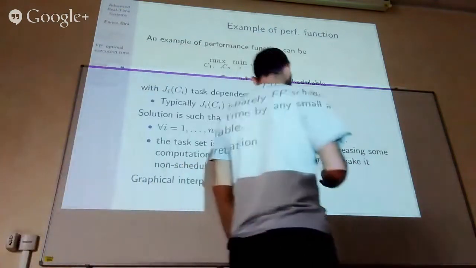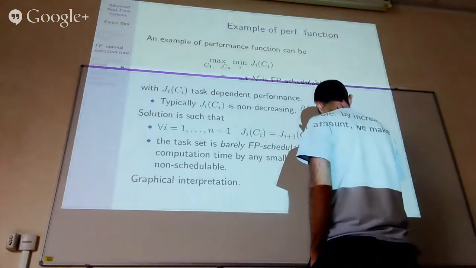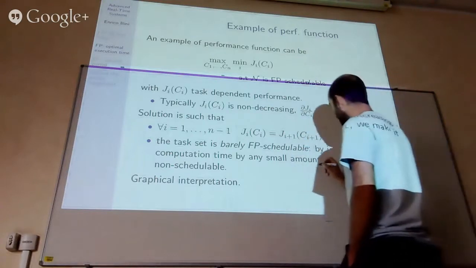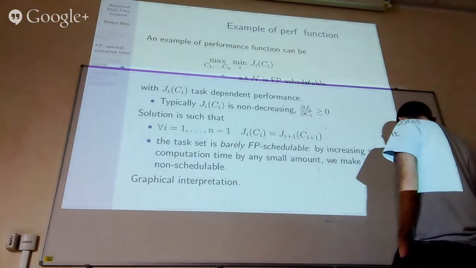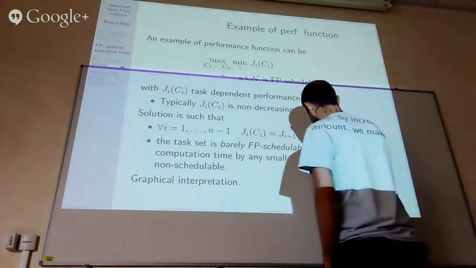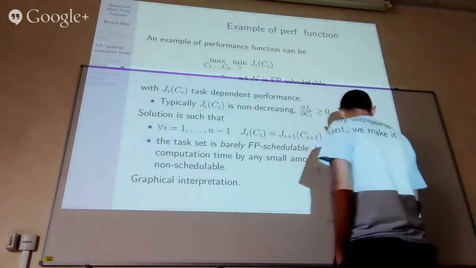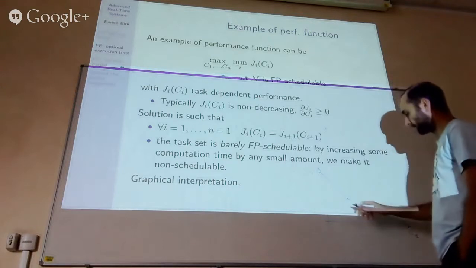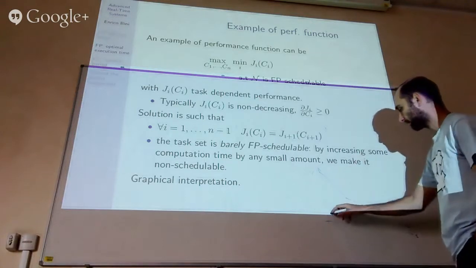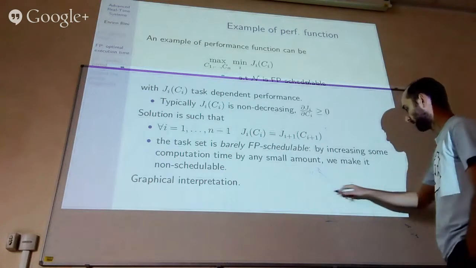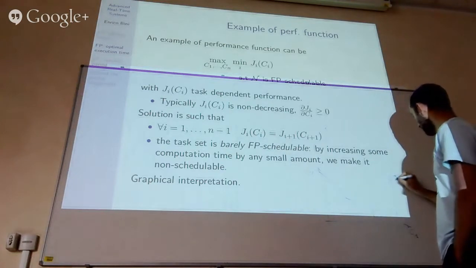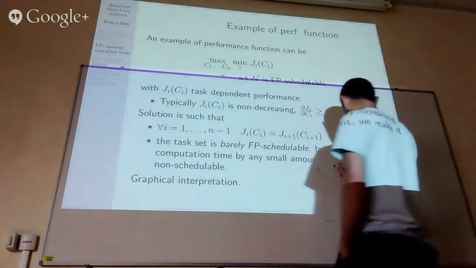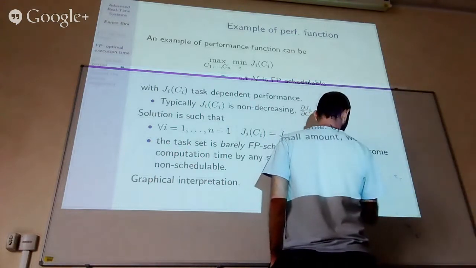And why is this? Let me explain in this way. I'll take the case of two computation times, C1 and C2. So let's say we have something like this. This is the feasible region, and then we have the cost increasing per task. So basically, J2 increases as a function of C2 only, increasing this way, and J1 increases in this way.